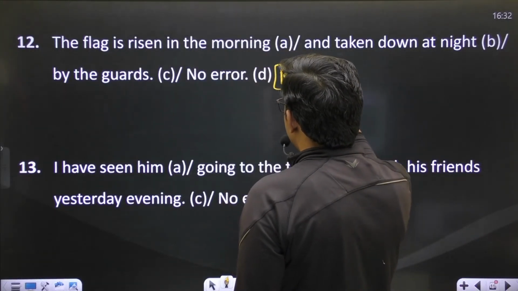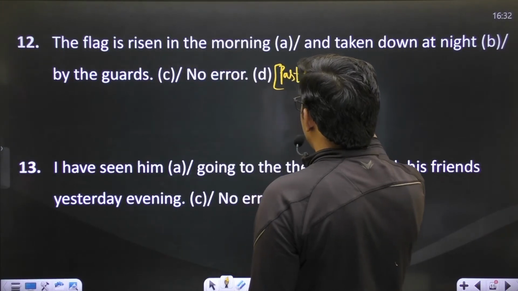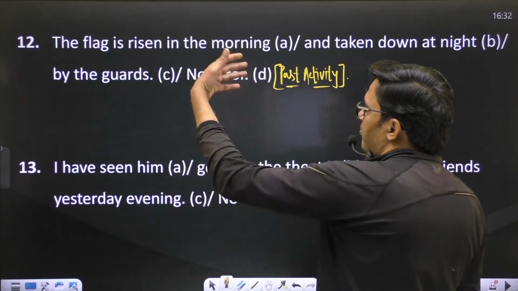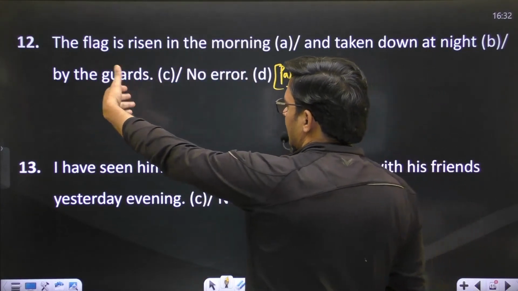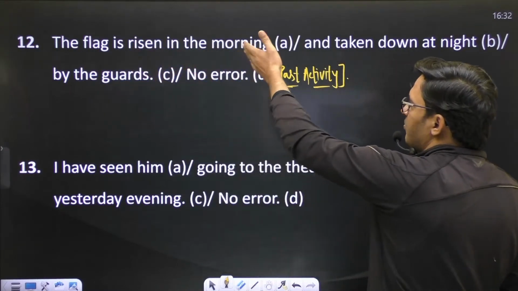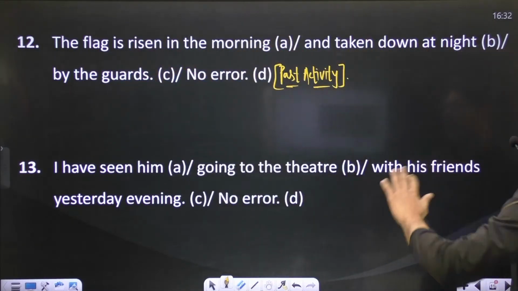This sentence is a past activity, and it is the past routine of the guards, that they rose the flag in the morning and took it down at night, right?